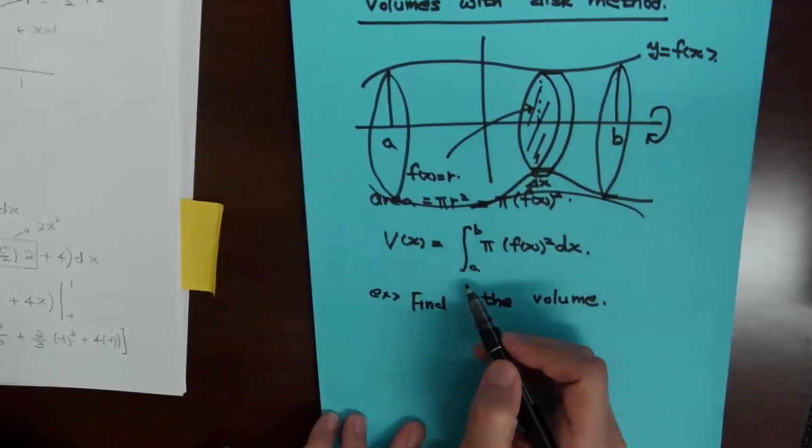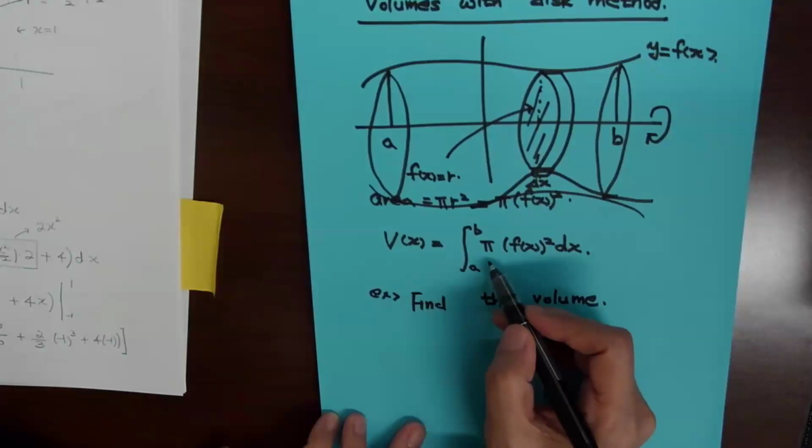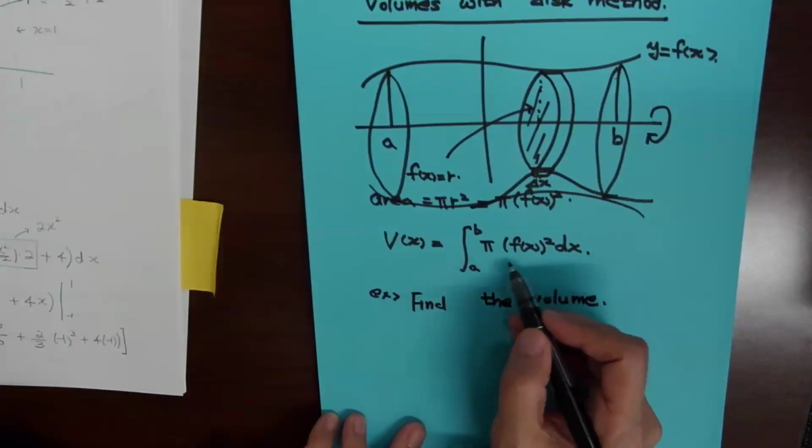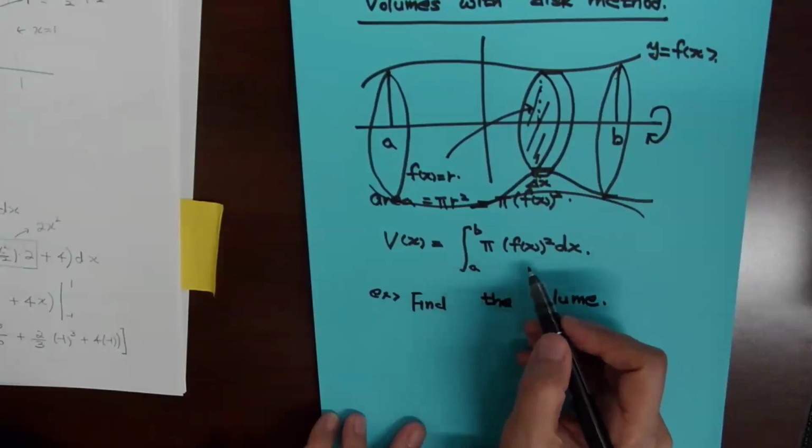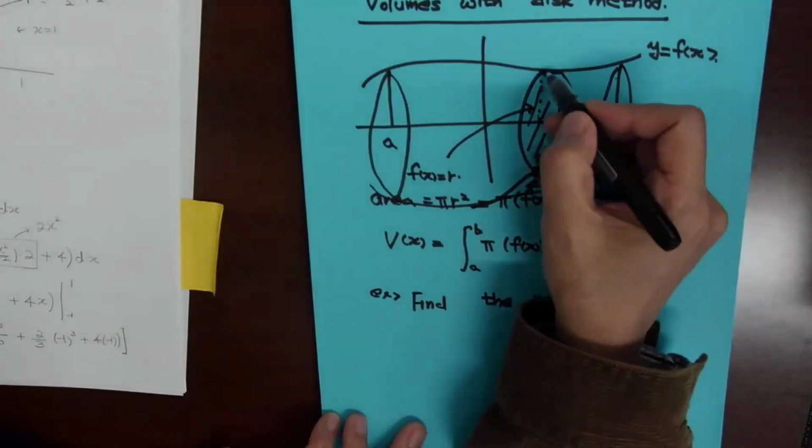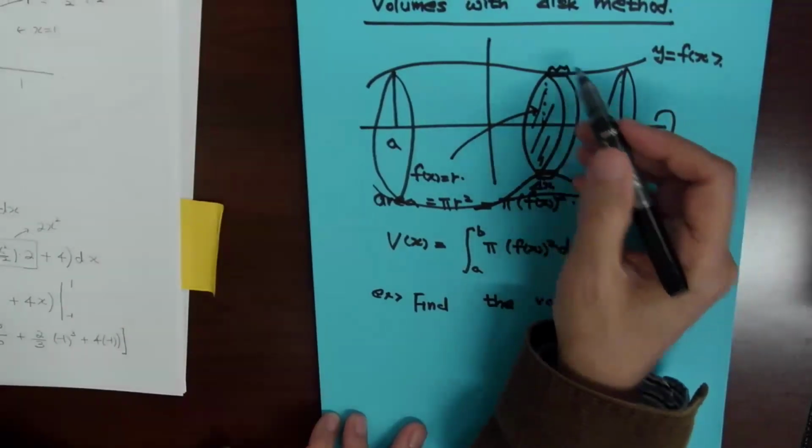And so the formula comes out to be pi r squared, so pi f of x squared times this thickness, the height of the cylinder.